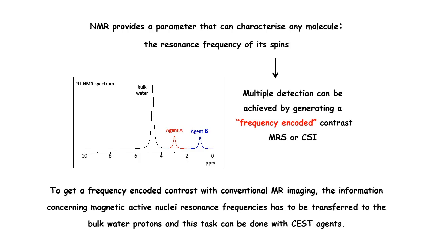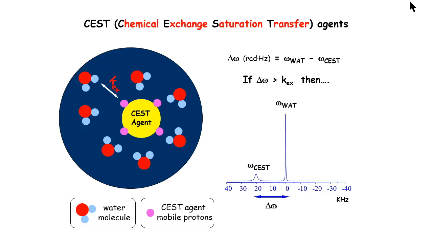Of course, images based on heteronuclei give a similar response. But the access to the large majority of scanners that operate on proton imaging makes the CEST approach particularly valuable. So in short, what is a CEST agent?